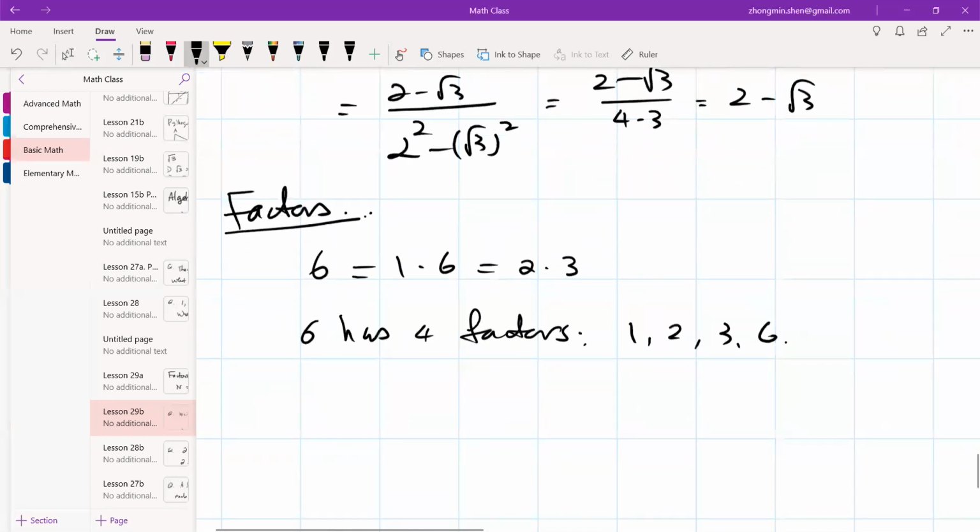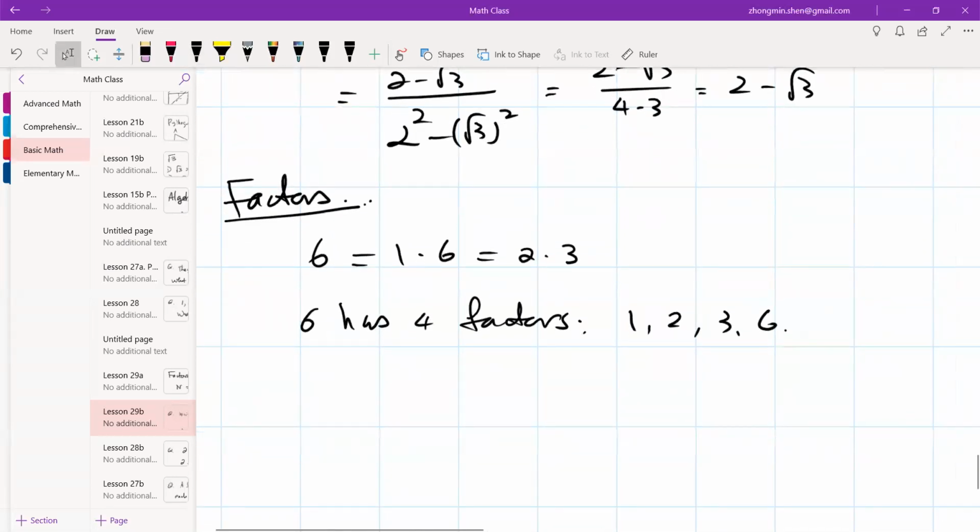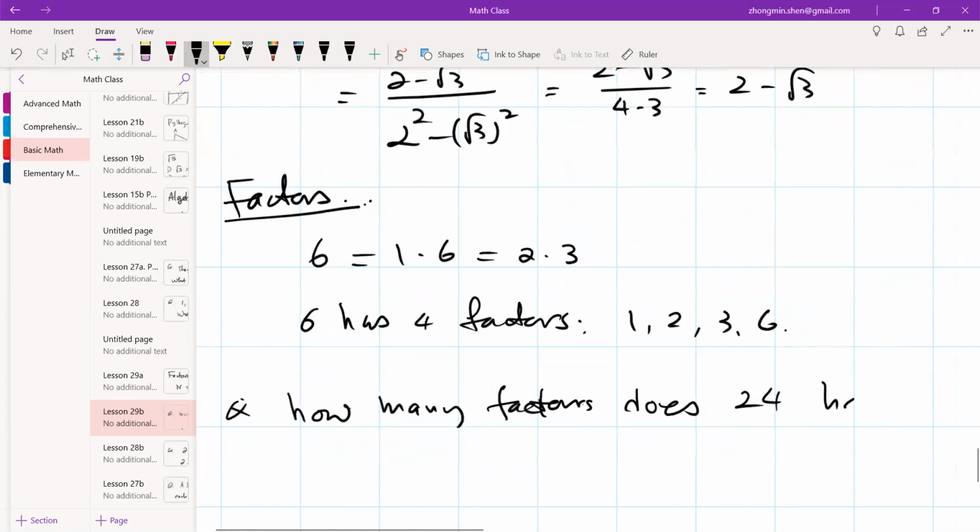My question: how many factors does 24 have? Please do it.